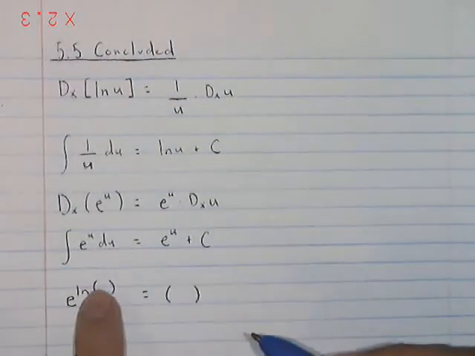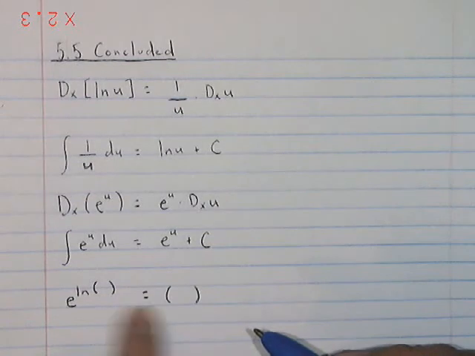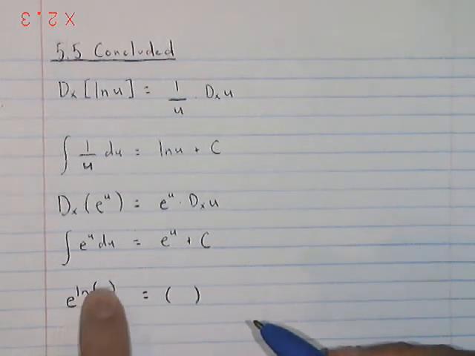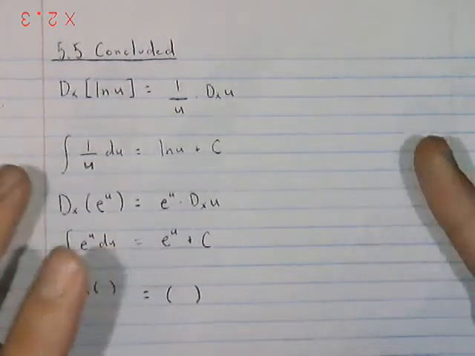Okay, so whatever we put in these parentheses, those two things are equivalent because of this inverse nature of e and natural log and the fact that they cancel out.